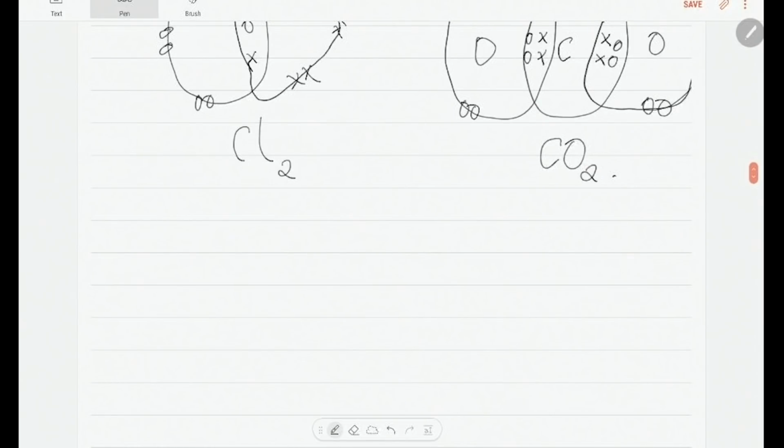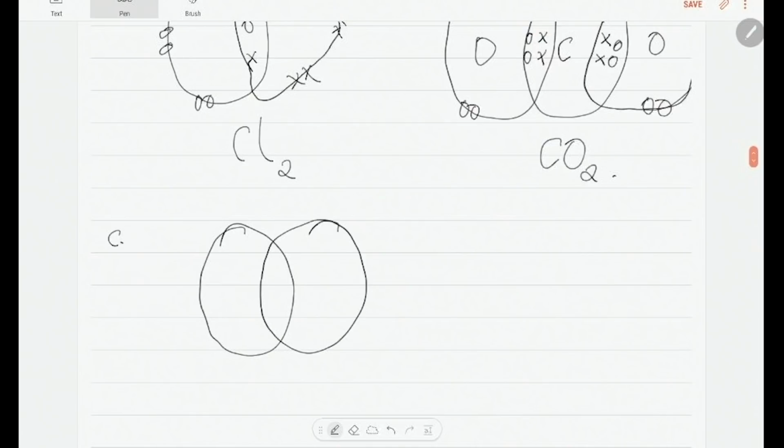Then when we look at the third one, which is C, the nitrogen molecule. Nitrogen has an atomic number of 7 and it has 5 electrons in the outermost shell. So the first nitrogen will bring 3 electrons to the sharing, and the second one will also bring 3 electrons to the sharing in the covalent bond, leaving 2 outside.